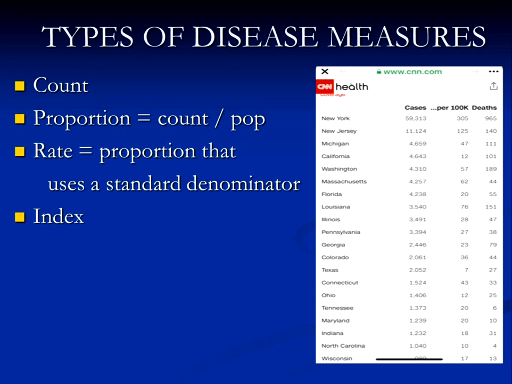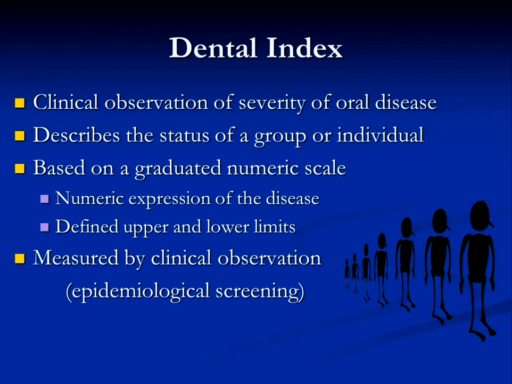An index can be used to educate, to motivate, and to evaluate a patient or a community. And it can also, honestly, be used as a legal record later on. So let's focus the rest of this video on a dental index.